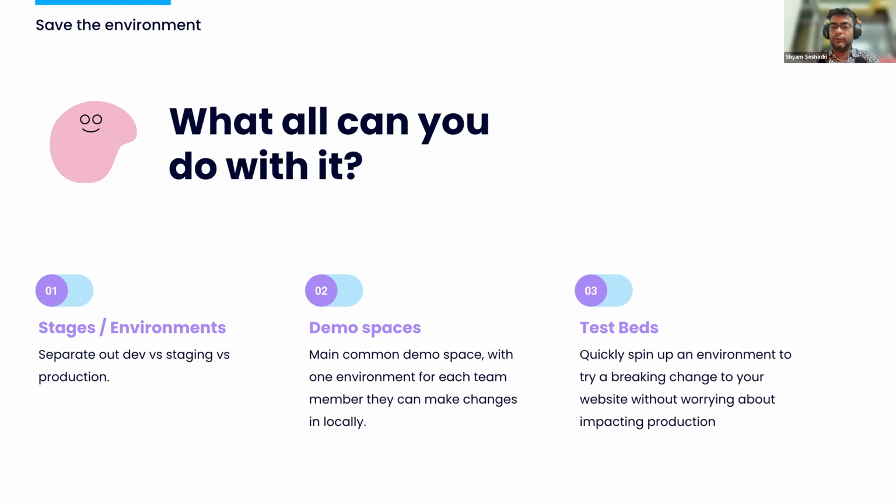The third one, which is closer to my heart as a developer, is, again, Builder, you can create complex models, you can do some crazy integrations, you might want to upgrade some major component library that you're using in your website, whatever framework you might be using. And so spinning off an environment as a test bed, saying, all right, things are in production, let me spin up something, try these things out on a completely local environment, which has everything from production available, but I can make my changes, test things out, and either decide it looks good, move it up to a dev environment, production, depending on how your workflow is, or abandoning it and realizing it was not a good use of time.